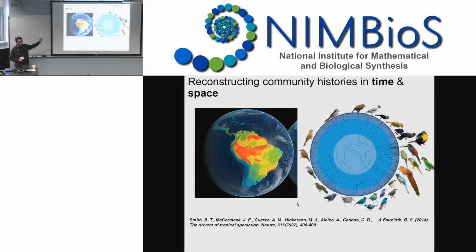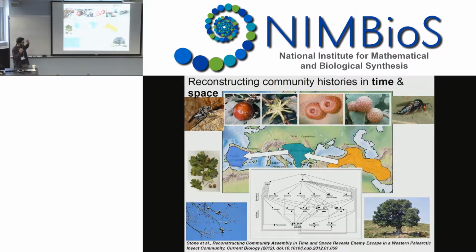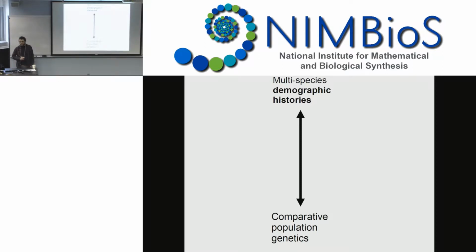It could be something like the avian assemblage in the neotropics, or it could be something like a network of associated species, such as oak trees, parasitoid gall wasps, and the parasitoids of the parasitoid gall wasps. And my general approach here is to use aggregate population genetic data to make inferences about multi-species demographic histories.